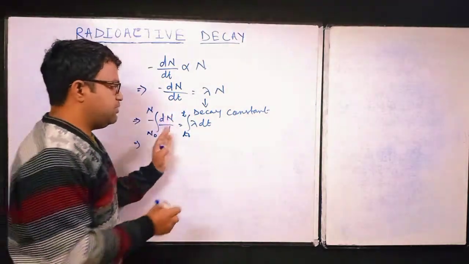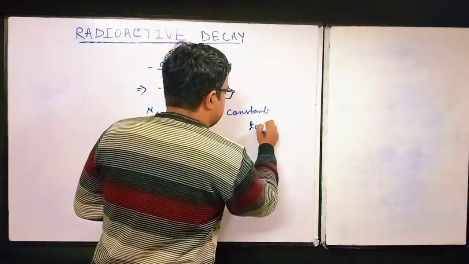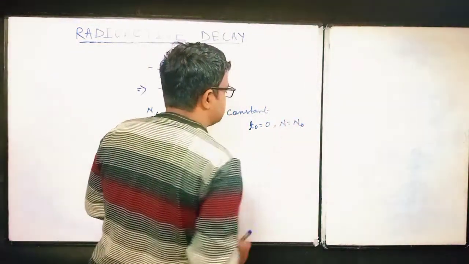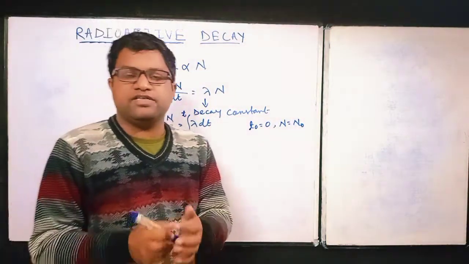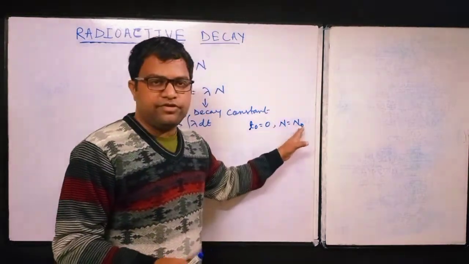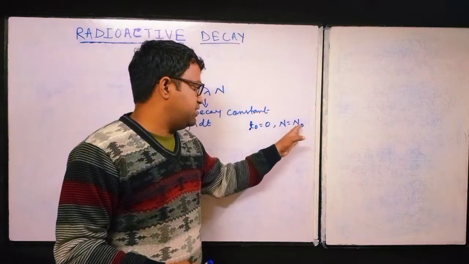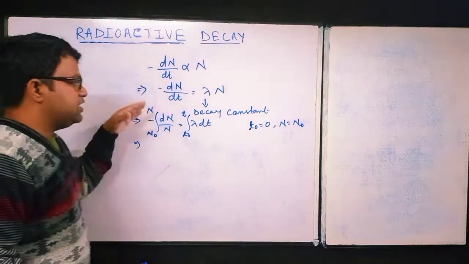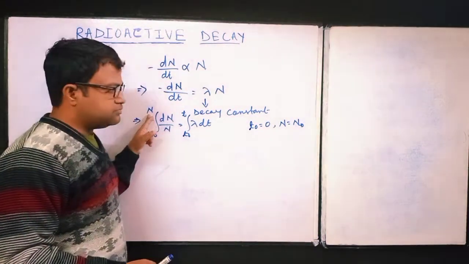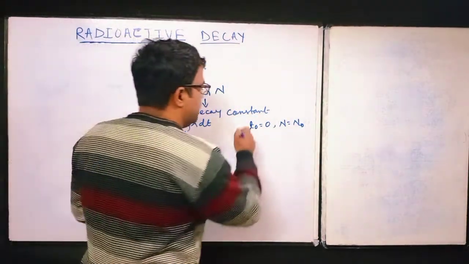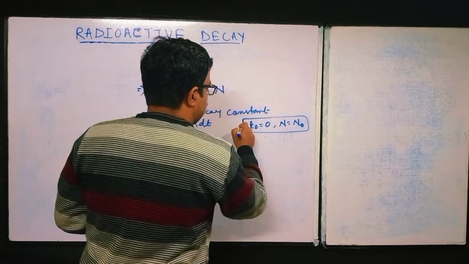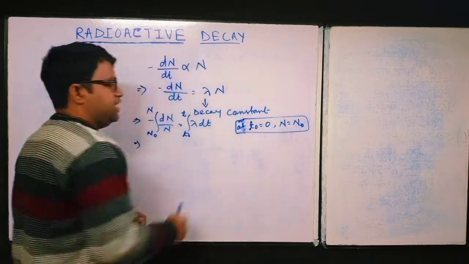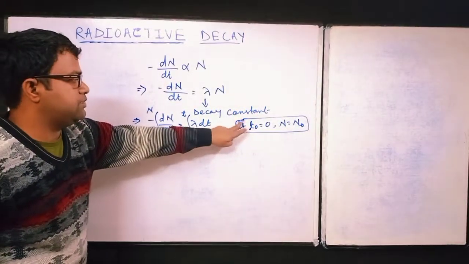Let's say for time t0 equal to 0, that is the initial time, your N is N0. That means initially in my sample N0 number of radioactive nuclides are there, right? So it starts from N0 and gradually it is decreasing and becoming N, right? So this is the initial condition. At t equal to t0, your N is N0, right?